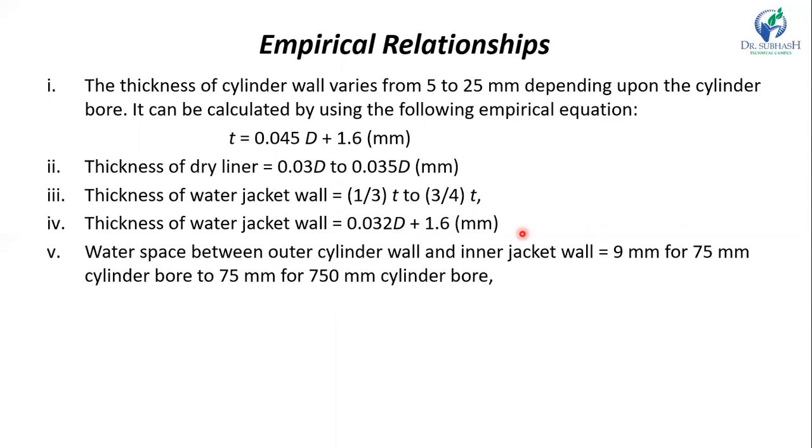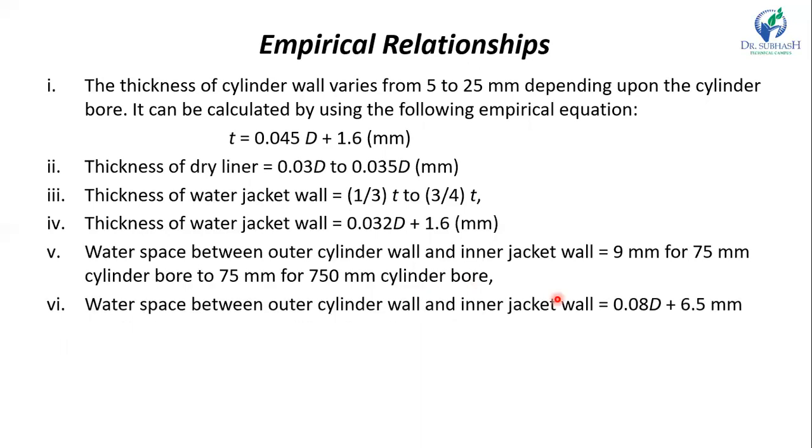Then the water space between the outer cylinder wall and inner jacket wall is equal to 9 mm for a 75 mm cylinder bore to 75 mm for a 750 mm cylinder bore. So the value is between 9 to 75 mm for diameters between 75 mm to 750 mm.